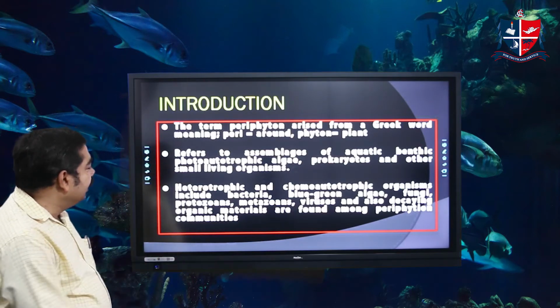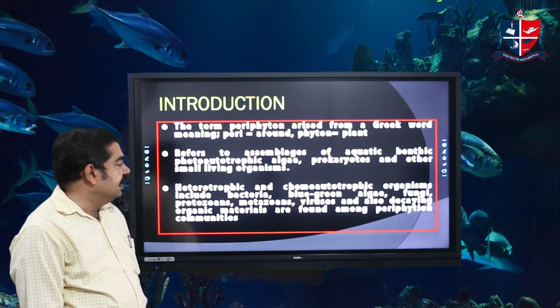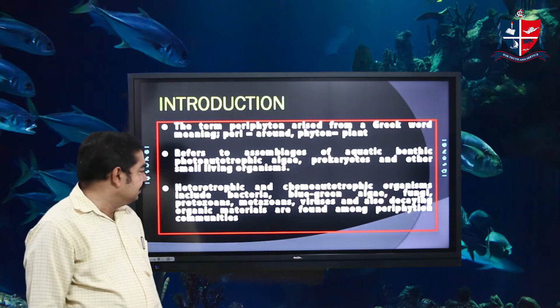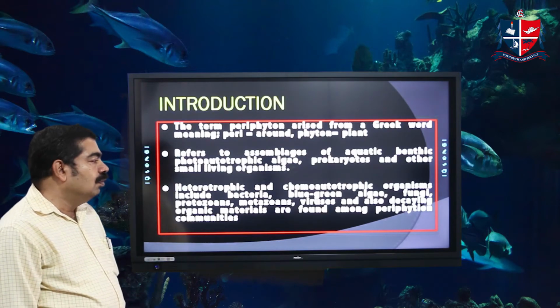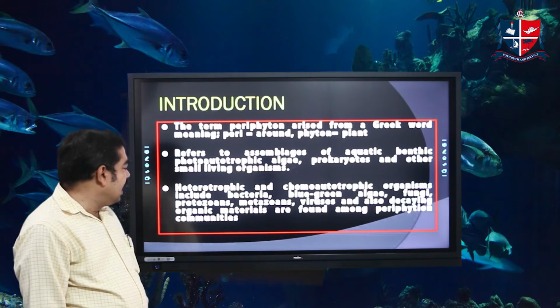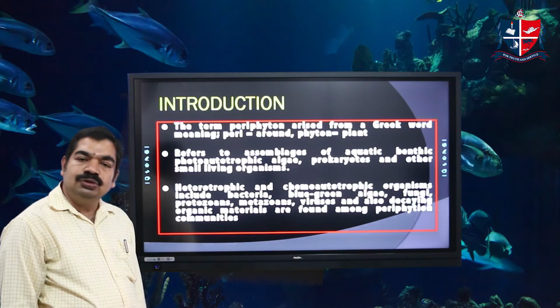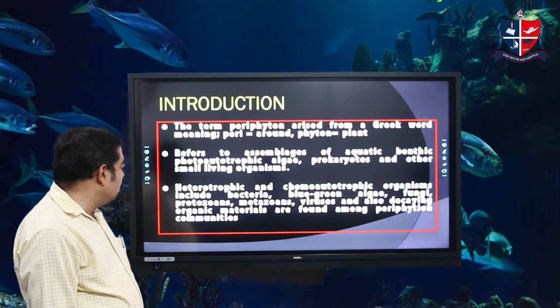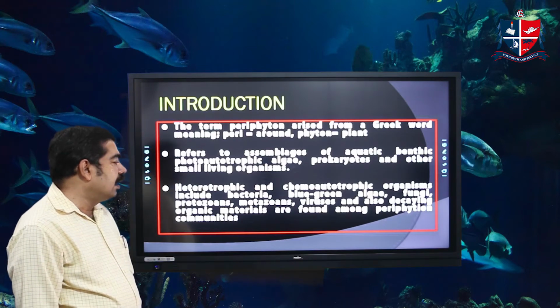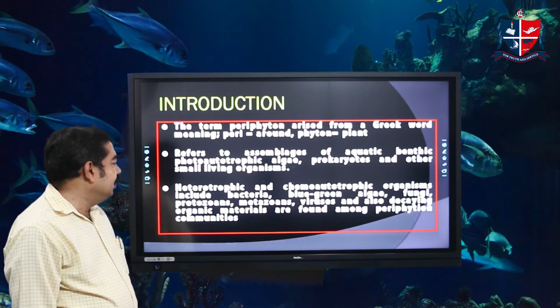Coming to the next point, heterotrophic and chemoautotrophic organisms including bacteria, blue-green algae, fungi, protozoans, metazoans, viruses, and also decaying organic material are found among periphyton communities.